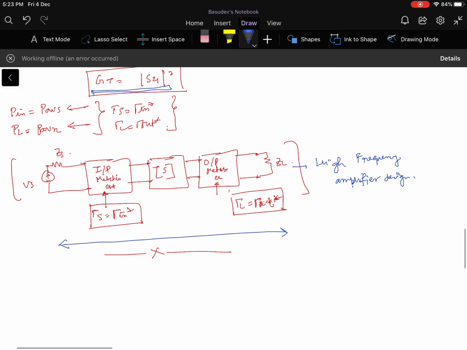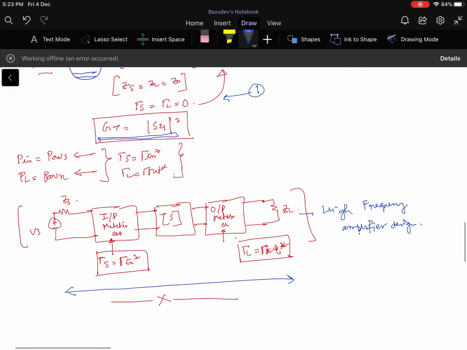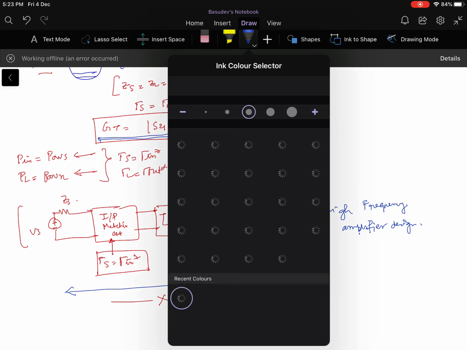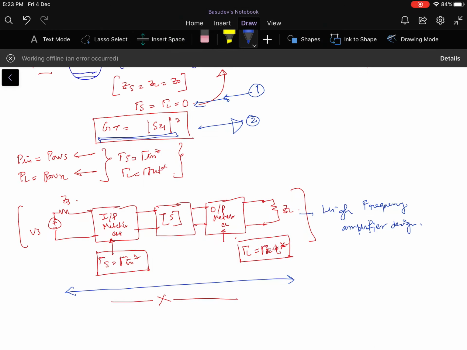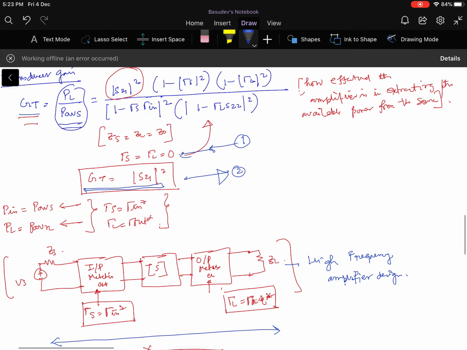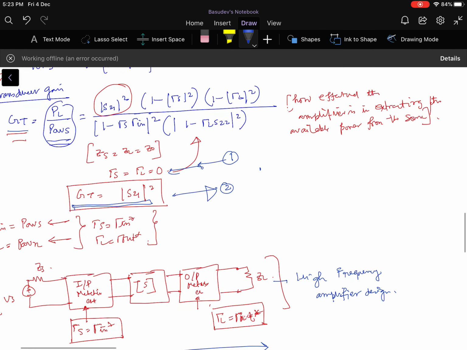One more special case can be designed from here. If I write this equation as GT, I put it in three different categories.